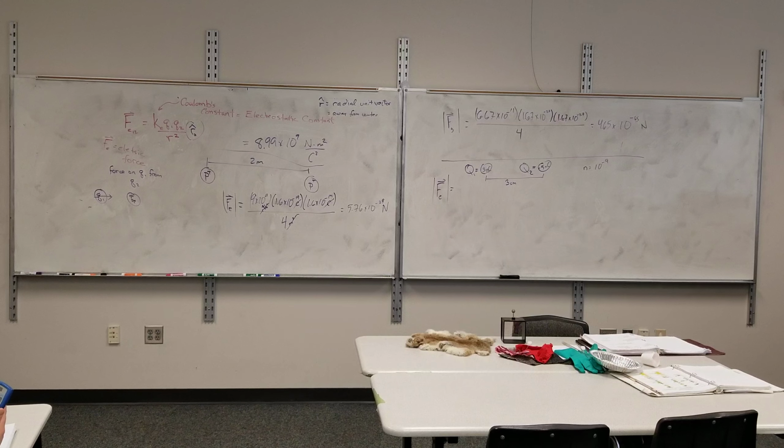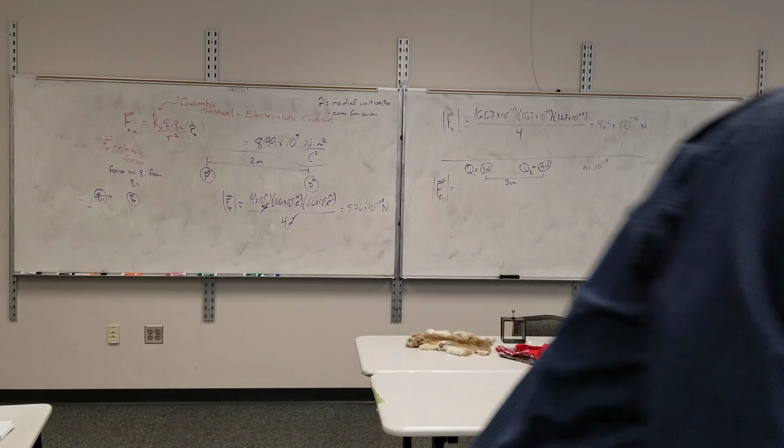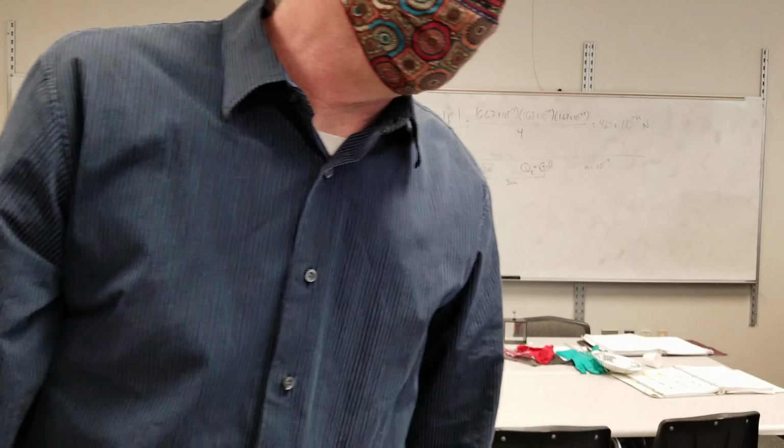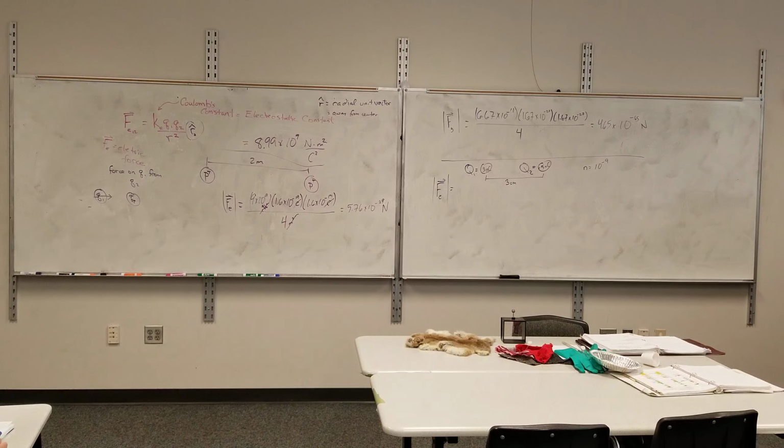Times 3. That's better. So a lesson there is make sure you show your work. Does it look better? Yes, that looks much better. It's better when you type it all in at one time.